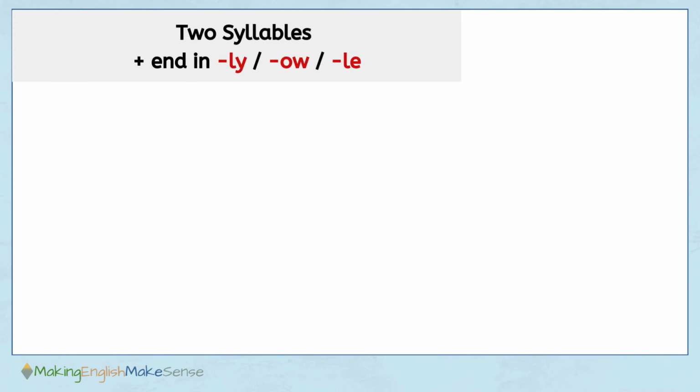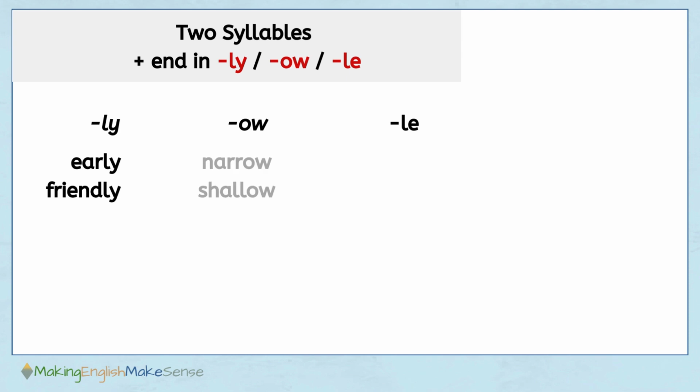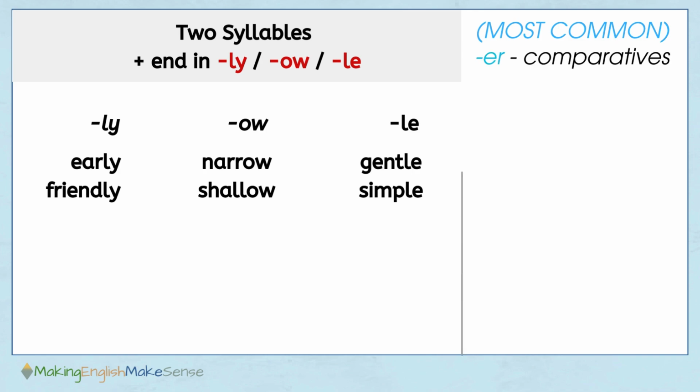Now that we have the spelling down, let's move to our next rule. For two-syllable adjectives that end in ly, ow, or le, such as early, friendly, narrow, shallow, or gentle, or simple, we mostly use er for a comparative and est for a superlative.